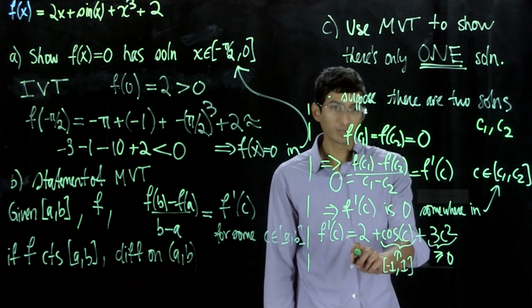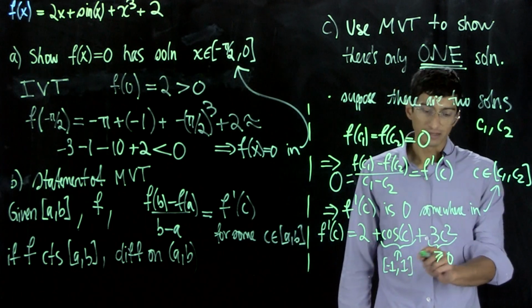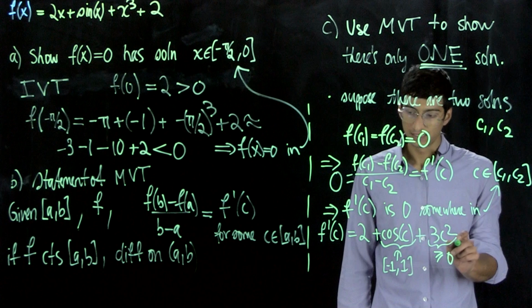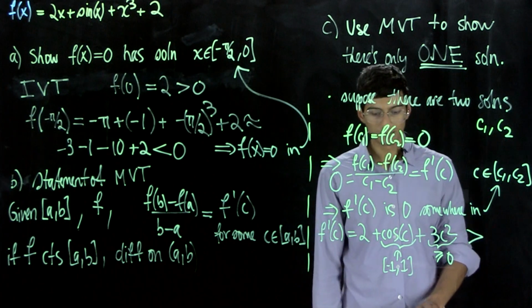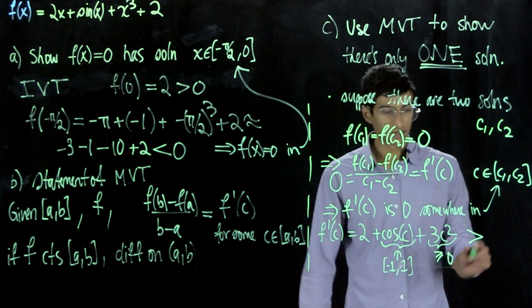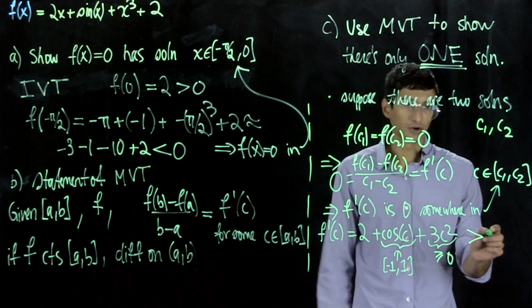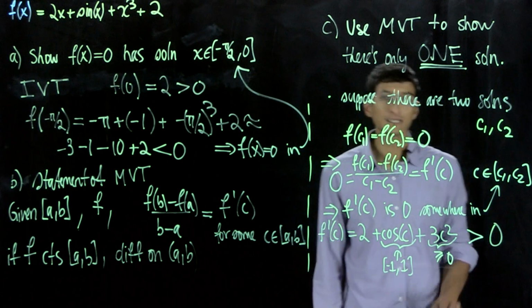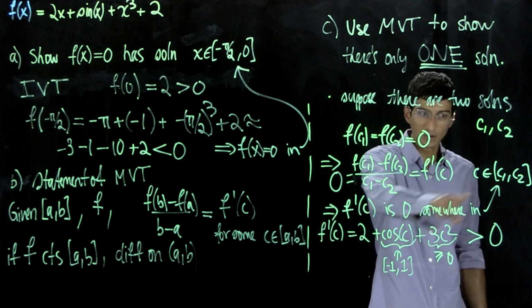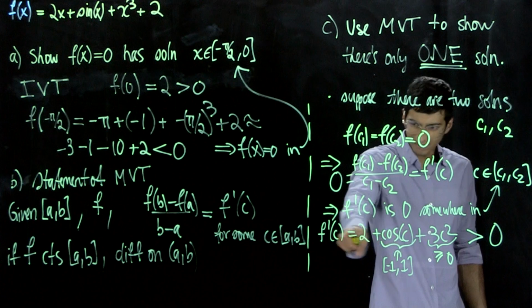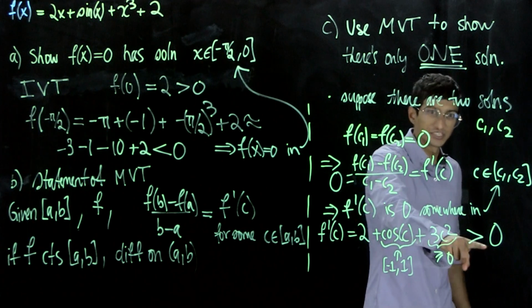So 2 plus something that is between -1 and 1 and something that is greater than 0 is strictly greater than, actually 1, but in particular, it's greater than 0.